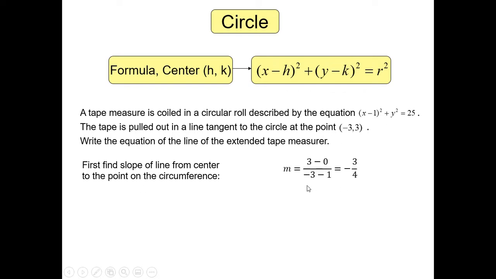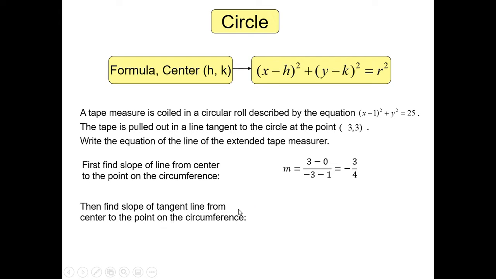Well, our center is at (1, 0). So 3 for my y value, 3 minus 0, divided by my change in x, which is -3 minus 1. And my slope of the line from the center to the point on the circumference is -3/4.